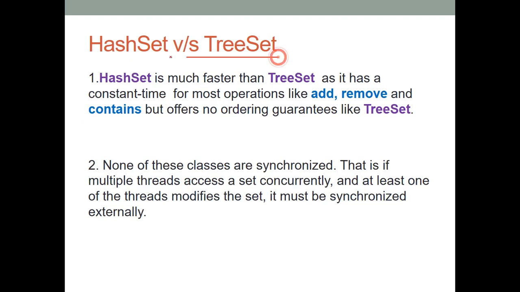HashSet and TreeSet: what is the difference between HashSet versus TreeSet? HashSet is much faster than TreeSet as it has constant time for most operations like add, remove and contains, but offers no ordering guarantee like TreeSet.